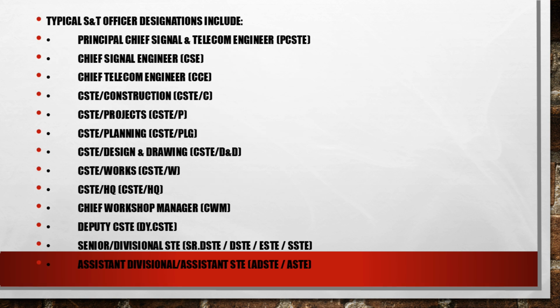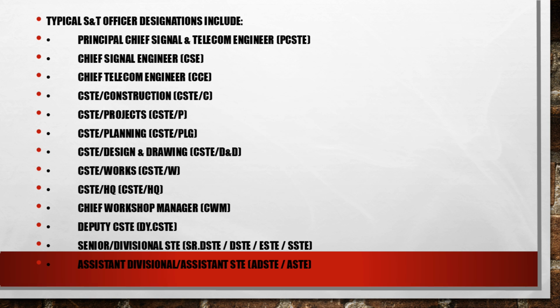Officer designations. Now let us look at the key designations used in S&T. At the top, we have the Principal Chief Signal and Telecommunication Engineer, or PCSTE. Other important posts include CSC, CCE, CSTE Construction, CSTE Project, CSTE Planning, CSTE Works, and CSTE Design and Drawing.